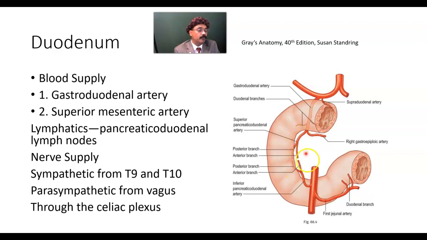They have anastomosis, but this is an artery of the midgut and this is an artery of the foregut. Lymphatics go to the pancreaticoduodenal lymph nodes. Nerve supply: sympathetic from T9 to T10, parasympathetic from the vagus nerve through the celiac plexus.